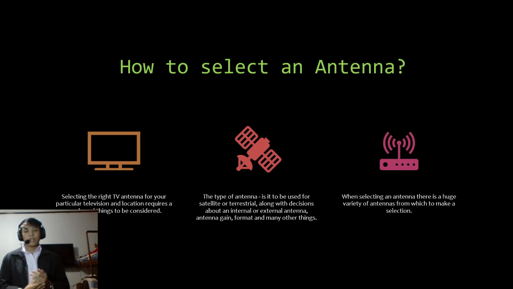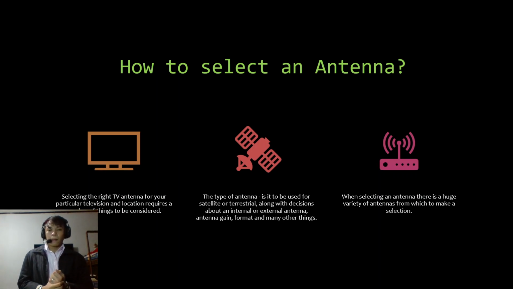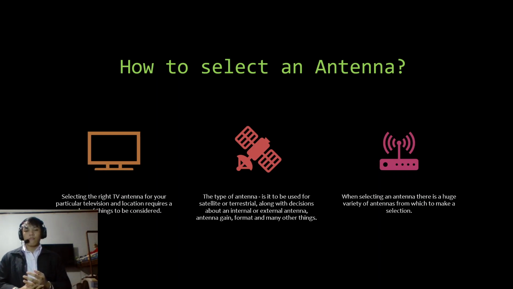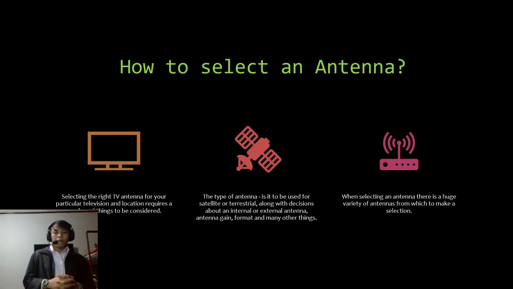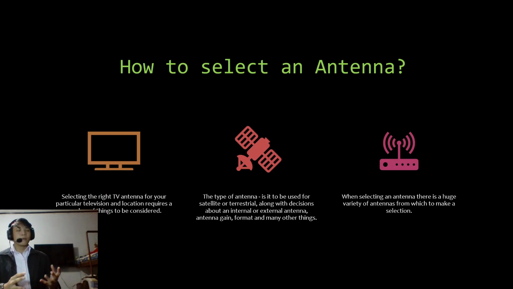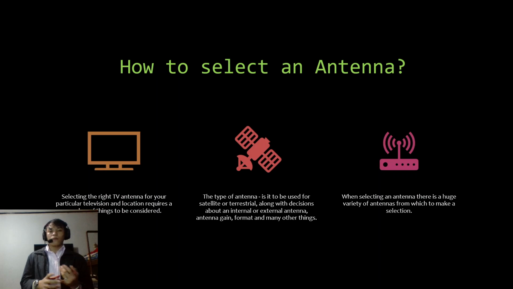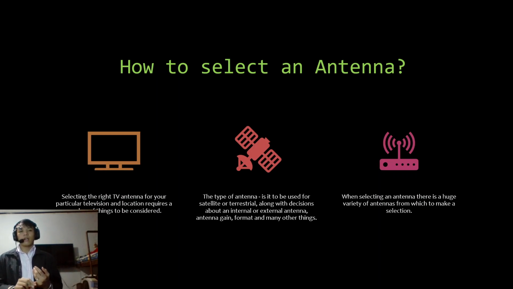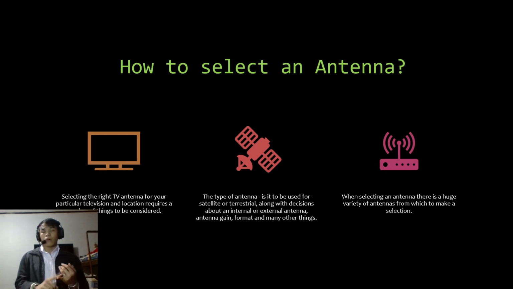So how to select an antenna? So for selecting the TV antenna, selecting the right antenna for your particular television and location requires a number of things to be considered. So makikita sa pag-select ng TV antennas, unang factor na dapat i-consider mo yung open.